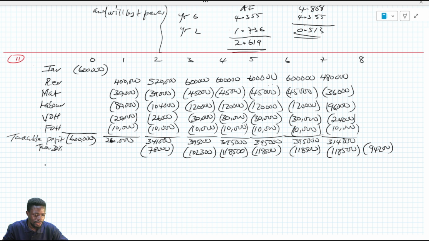So your next step is now to find your NCF, your net cash flow. So your net cash flow, you bring your investment of 600,000 here.